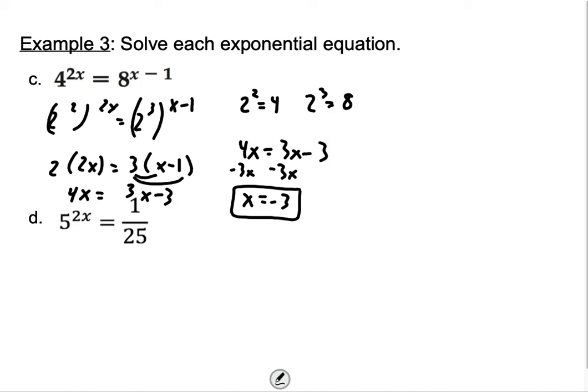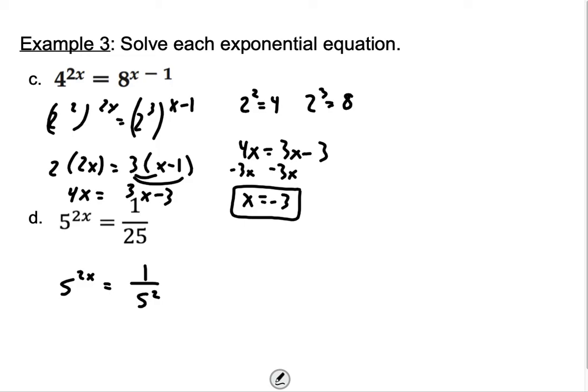All right, letter D. Again, you want to rewrite the larger number in terms of the smaller number if you can. So 5, can you write 5 to a certain power to give you 25? Yeah, 5 to the second power is 25. Since the left-hand side is the smaller number, 5, I'm going to leave that alone for a minute. Now, the 5 to the second is down in the denominator, and we actually need it up at the top.